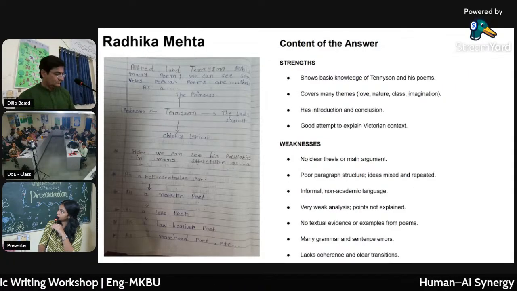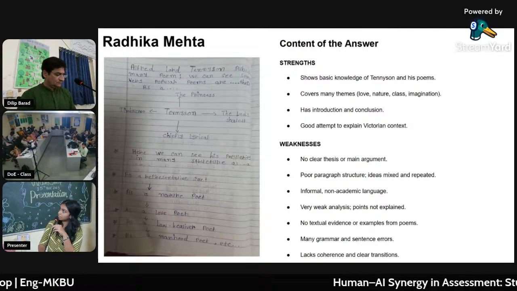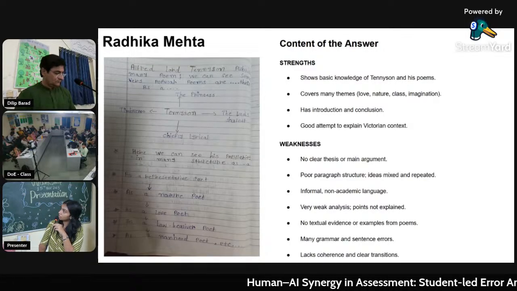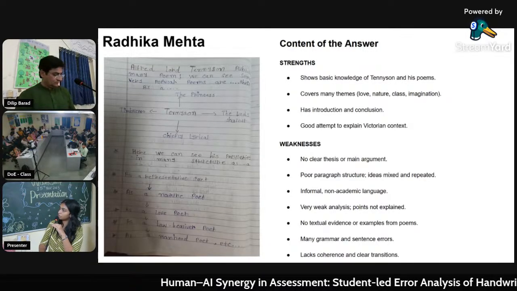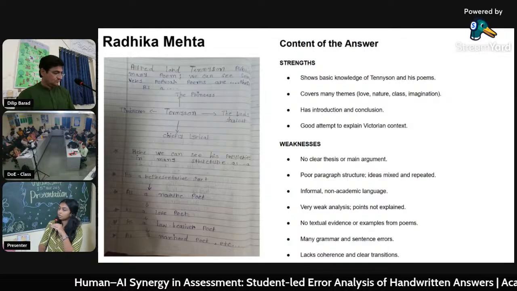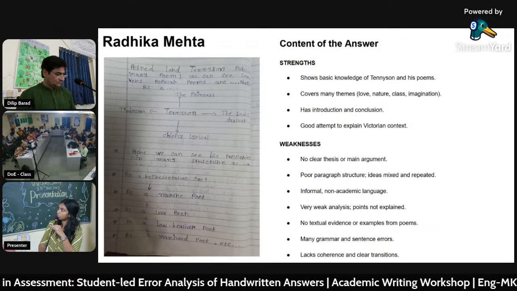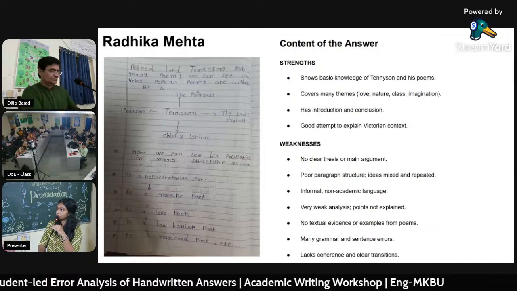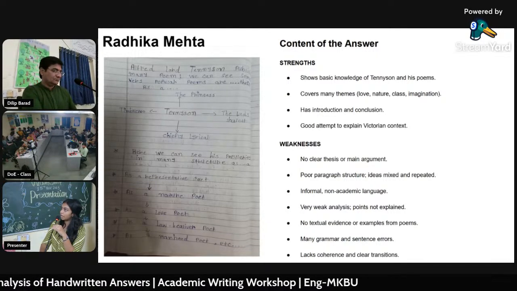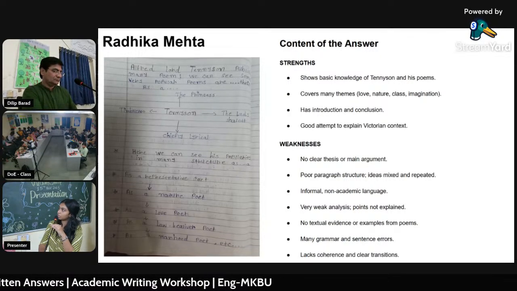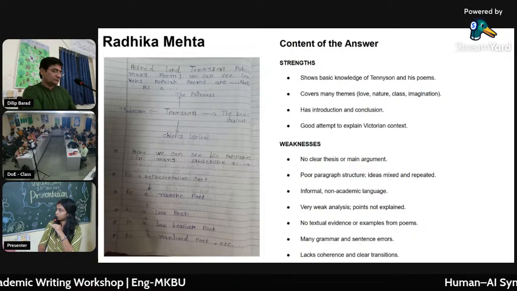Radhika has talked in her answer about the strengths, where she has shown basic knowledge of Tennyson and his poems, covered many themes like love, nature, class, and imagination, has an introduction and a conclusion, and attempted in a good way to explain the Victorian context.